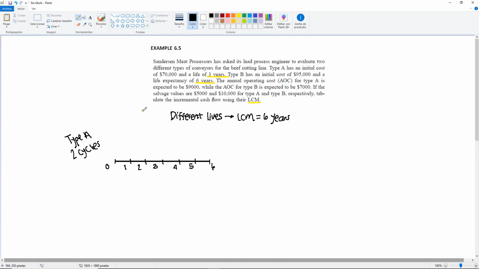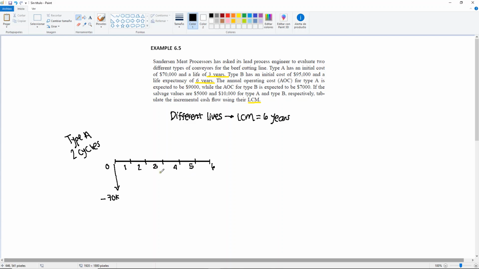We have the initial cost, that's going to be in year 0, so that's minus 70,000. Then we are going to have another initial cost. Remember, if we have 2 cycles, then the last year of the first cycle becomes year 0 of the second cycle.